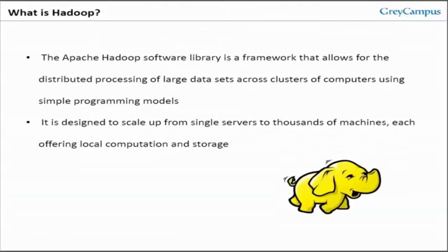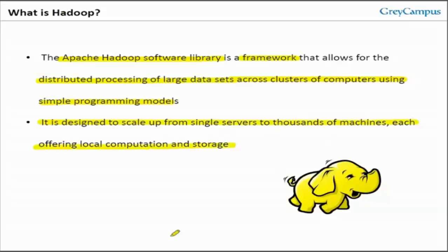So what is Hadoop? Hadoop is actually a framework or a library. Here we can see that the Apache Hadoop software library is a framework or a platform that allows for the distributed processing of large data sets across clusters of computers using simple programming models. It is designed to scale up from single servers to thousands of machines, each offering local computation and storage.